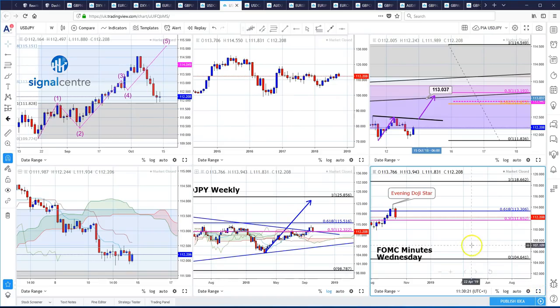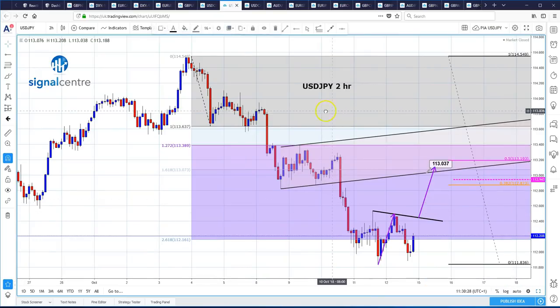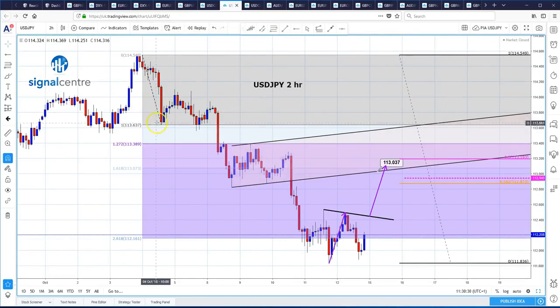If we go into shorter time frames, I'm trying to remember which chart I'm on actually, this one here, dollar yen, impulse wave pattern to the downside, so 1, 2, 3, 4, down in 5, actually spiked through the 5th, but we have seen some bullish divergence here.